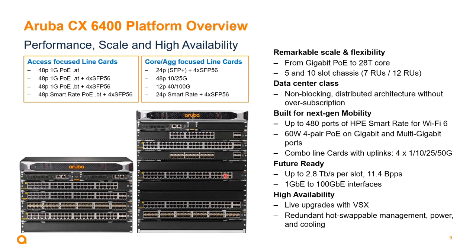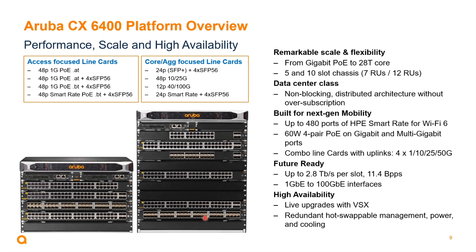Remember, each line card slot provides us 2.8 terabytes per slot, which equates to 11.4 billion packets per second when we're talking about the larger switch of the two. Again, we can go up to 100 gigabit Ethernet ports, and we have a 12 port module there, which means we can support up to 120 100 gigabit ports.